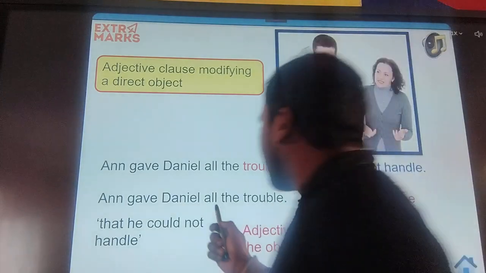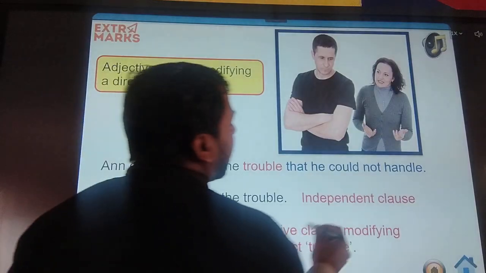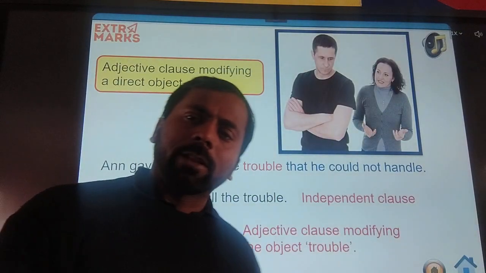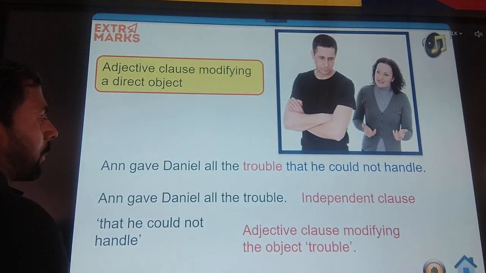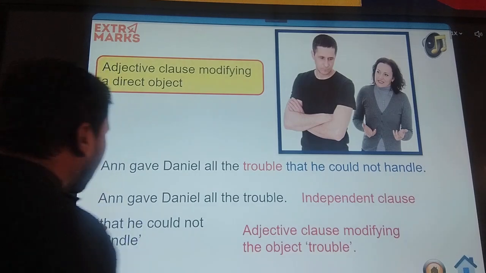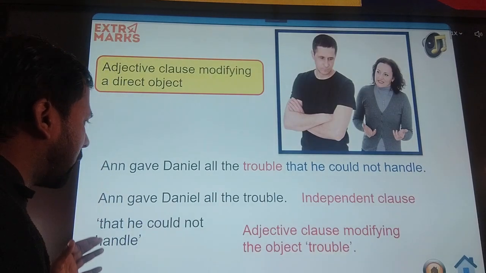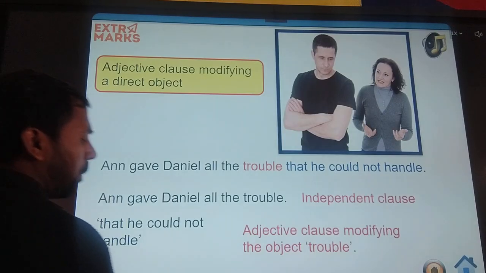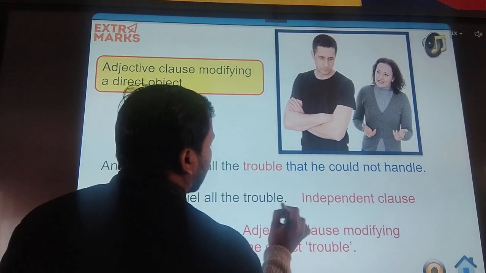"Anna gave Daniels all the troubles" is an independent clause that has a subject and a finite verb, but "that he could not handle" is an adjective clause modifying the object, troubles.